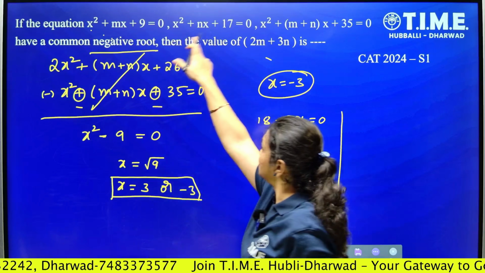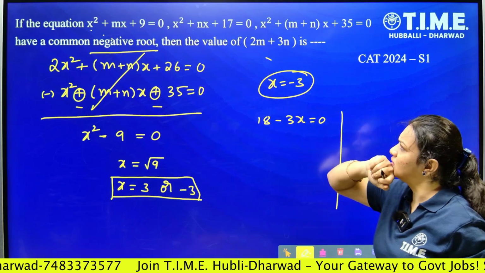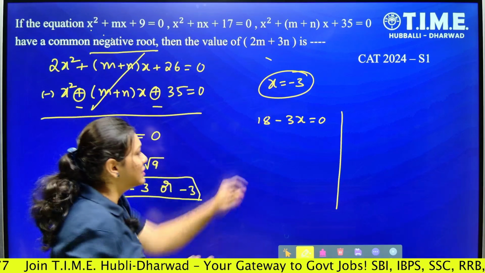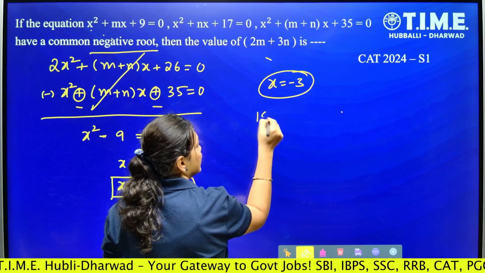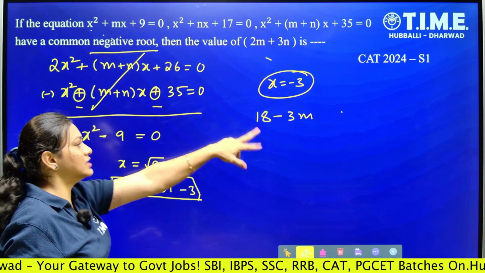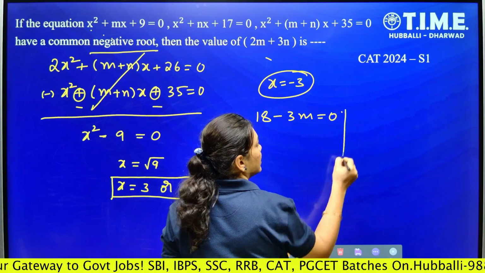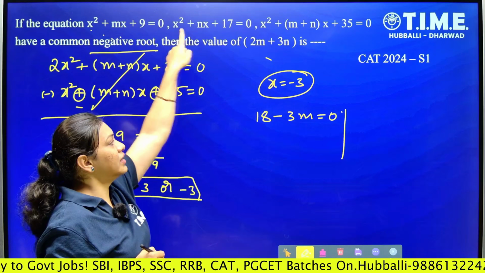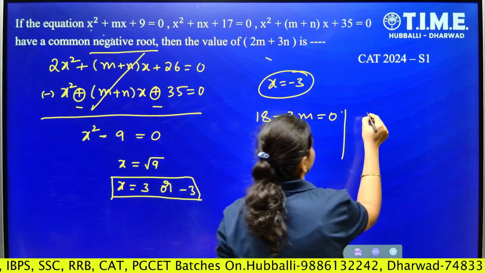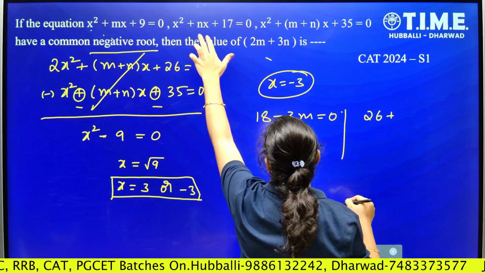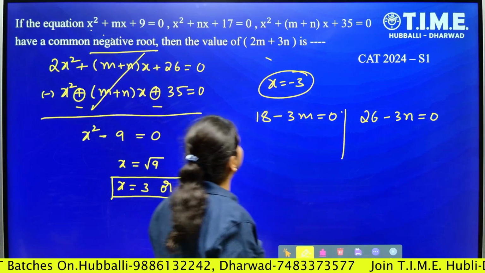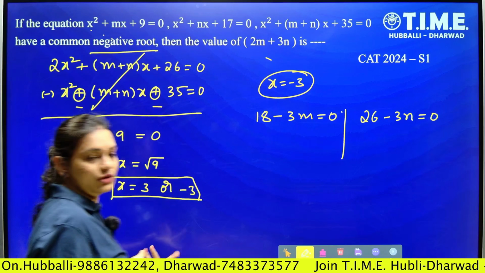Next, if I substitute in the second equation, x square plus n x plus 17, x is equal to minus 3, minus 3 square is 9, 9 plus 17 is 26, minus 3n is equal to 0.